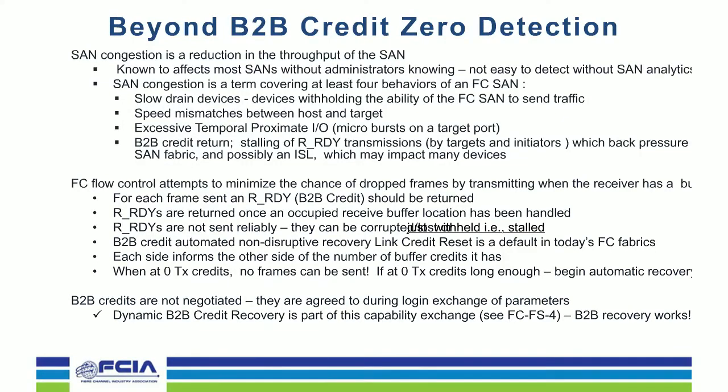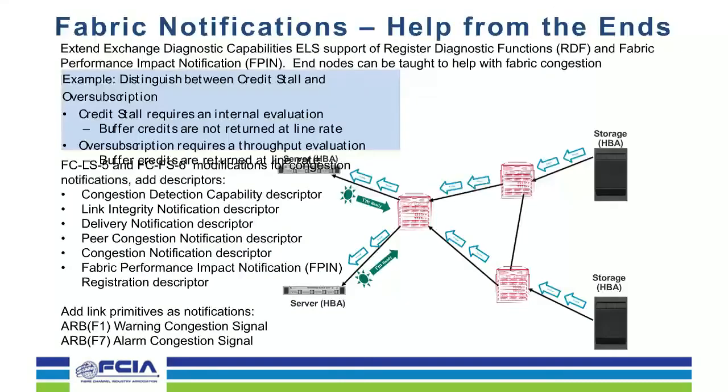The other thing we're doing in the standards is moving beyond buffer-to-buffer credit. We've decided that we can do better than recovering credit loss dynamically. We can automate and take care of this problem of fabric congestion that can occur because of some greedy device holding on to the credits already and stalling the fabric because it can't consume the data quickly enough.